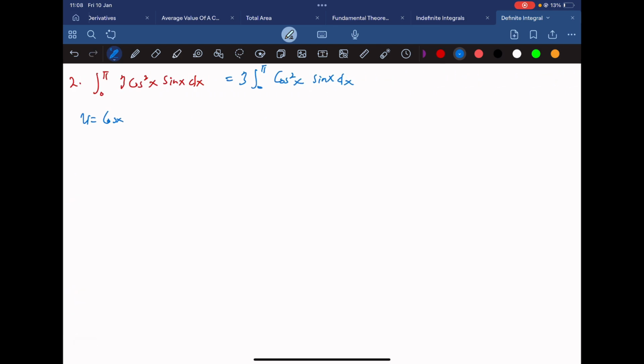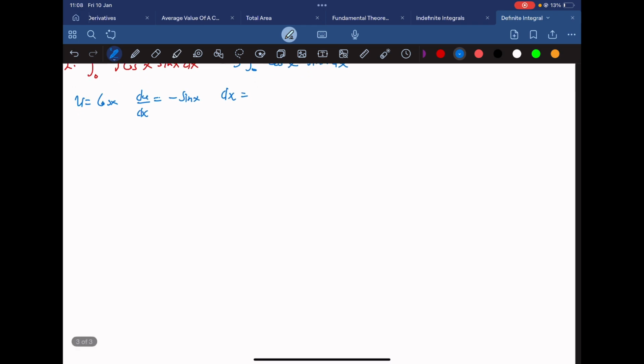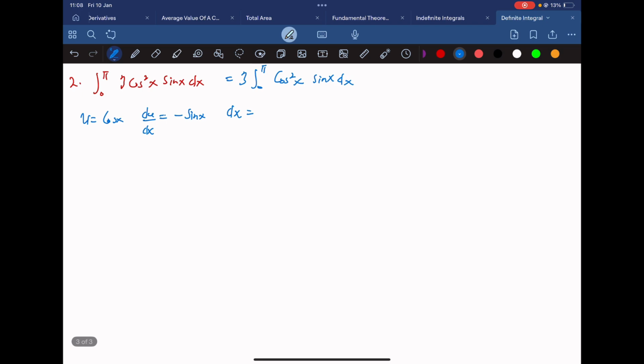If we select cosine of x and we differentiate, we have the du, the dx. Remember, if we differentiate cosine, you have minus sine of x. So in that case, here the dx is just minus the du out of sine of x. So let's rewrite our expression.